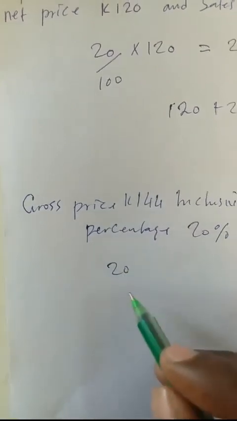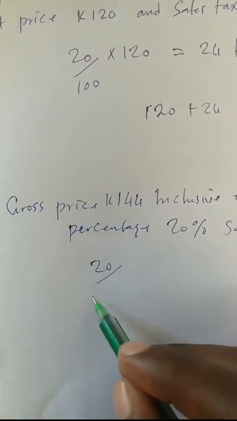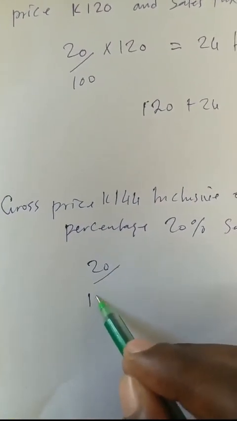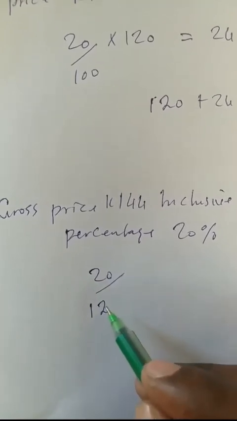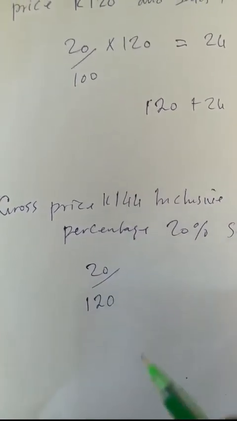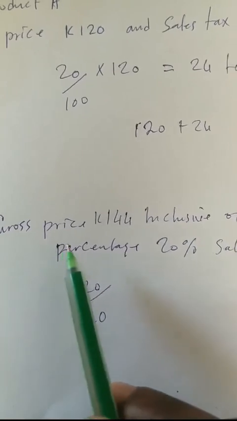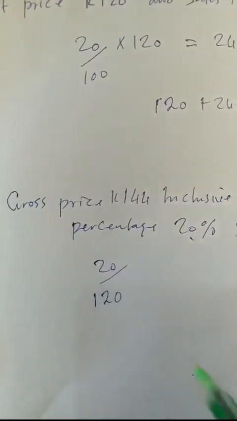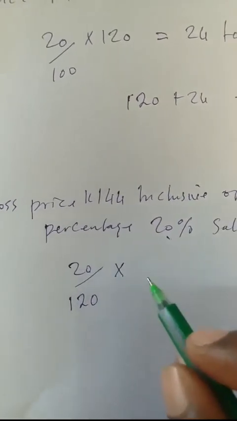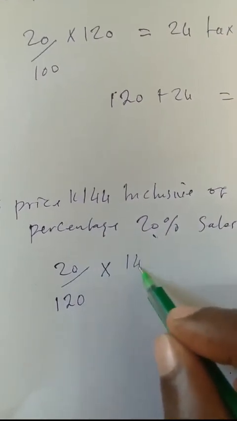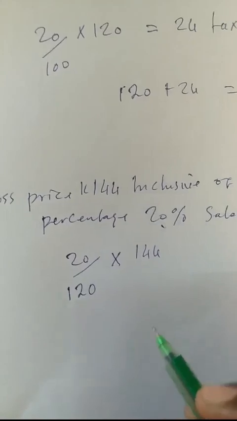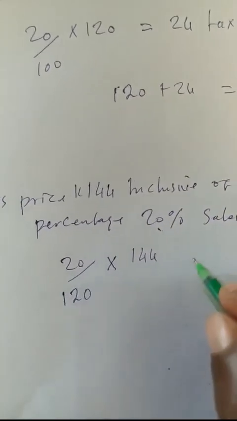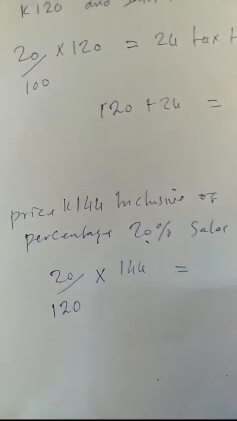You just put your percentage 20 over, this time not over 100, it's going to be over 120 because we are using the gross price inclusive of the 20%. So here you say 20 over 120 multiplied by 144, the gross amount.